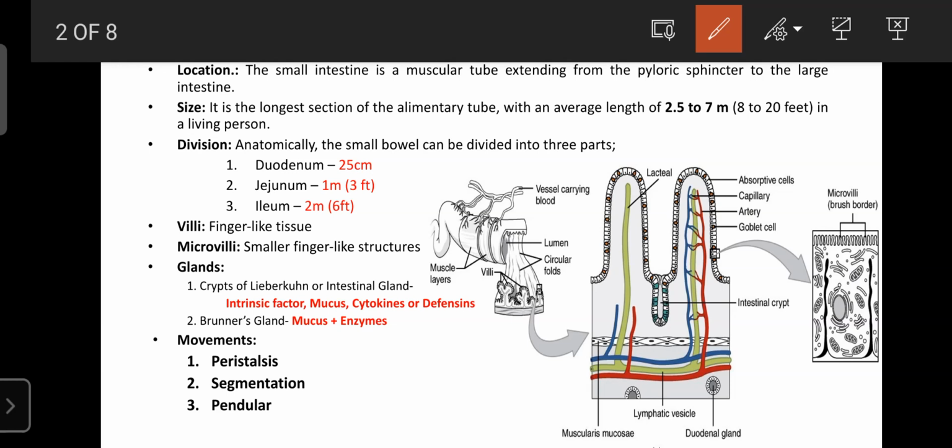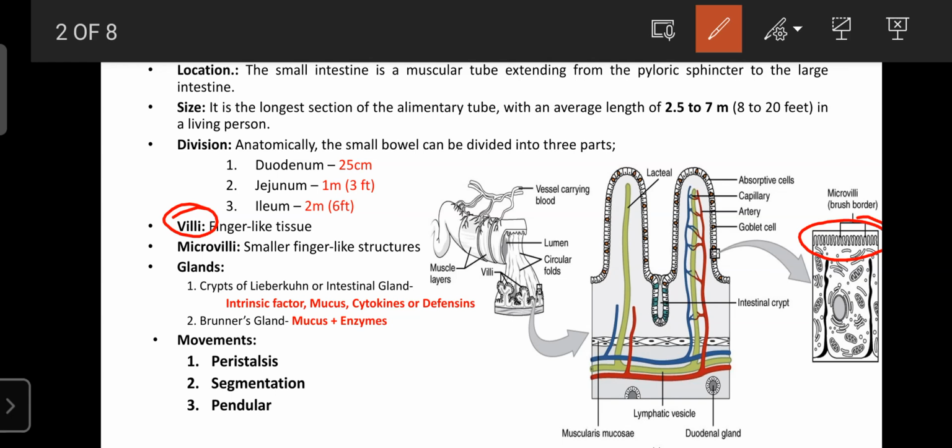Okay, so the small intestine consists of special projections. They are finger-like or hair-like structures or tissues, folded in several membranes, and those in the small intestine are known as villi. So villi are hair-like structures, and here you can see it is folded.